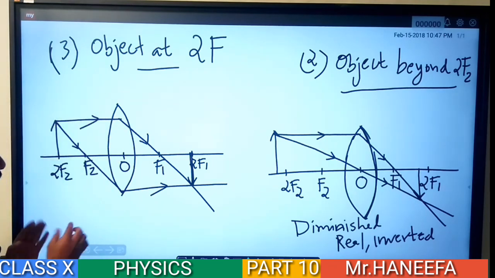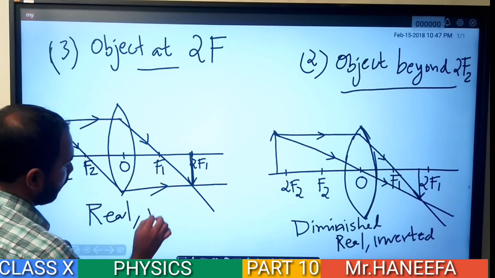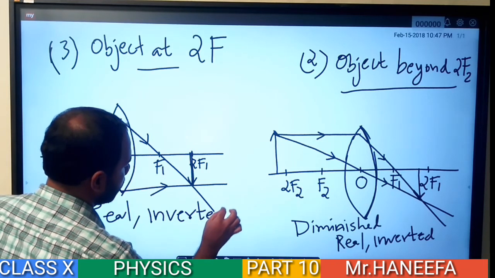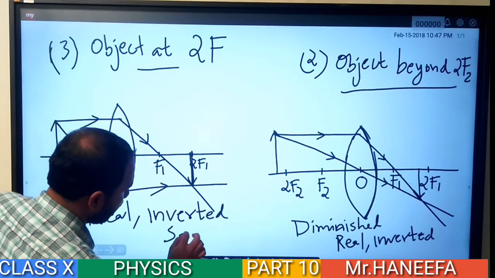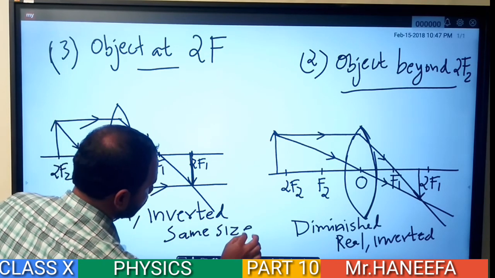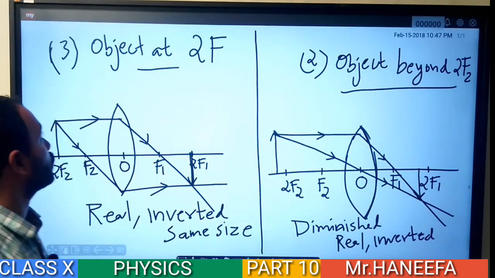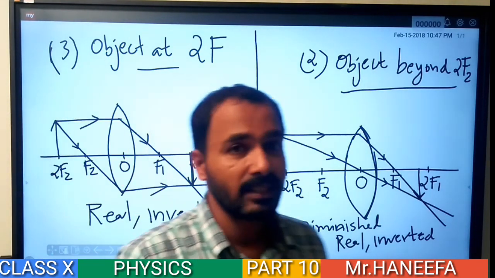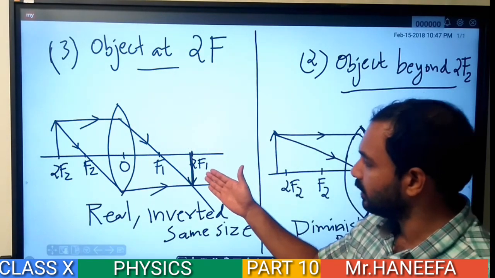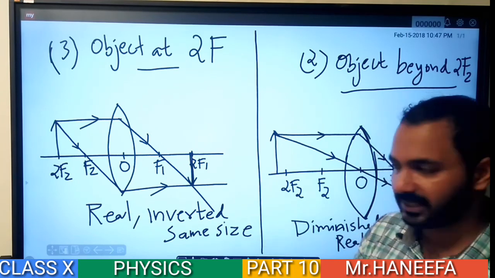Here image is real and inverted, and same size image is formed. So in the third case, object is placed at 2F, image is also formed at 2F on the other side of the convex lens.